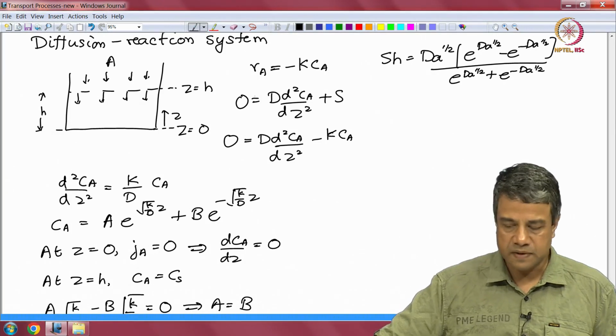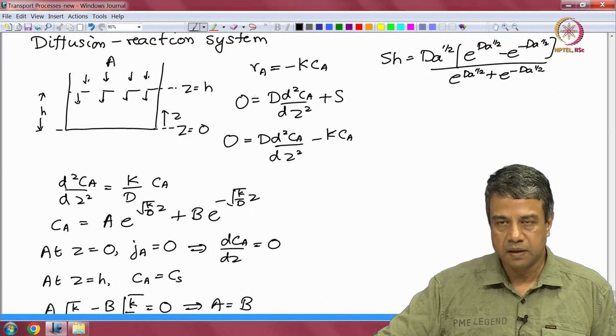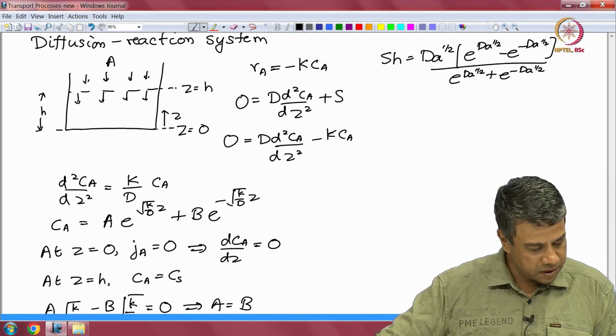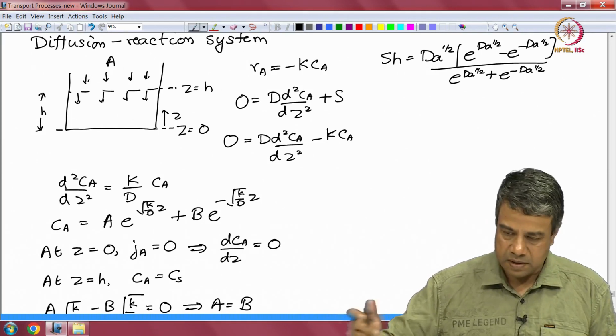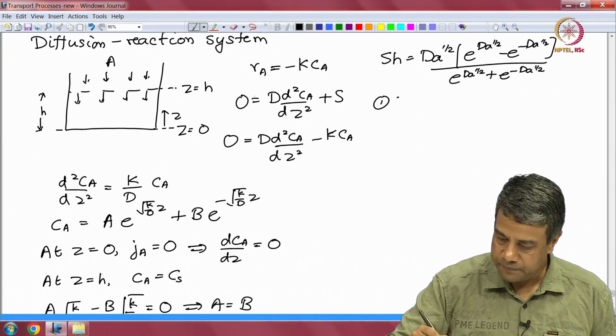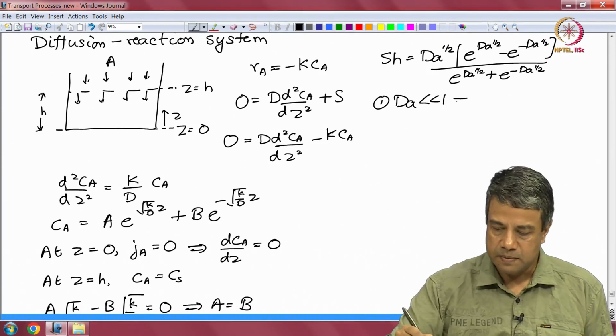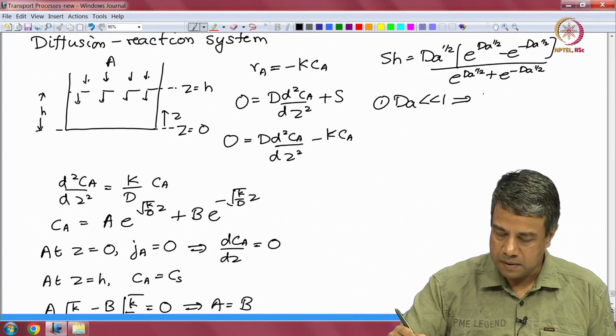And let us look at what physically this implies. First we consider the case where the Damkohler number is much smaller than 1, which implies that h square k by D is much smaller than 1.